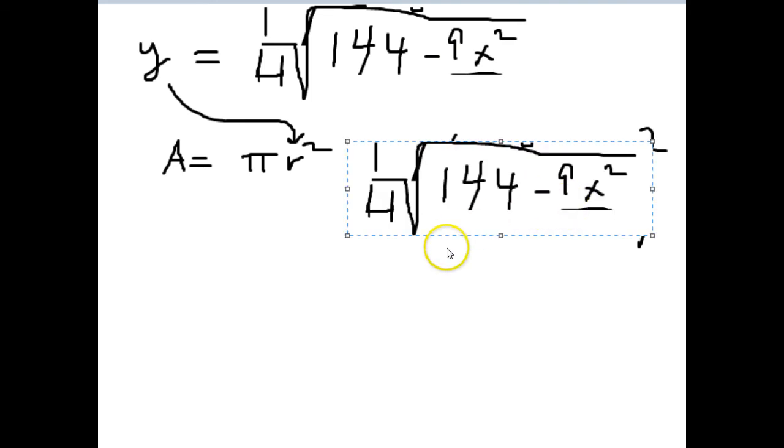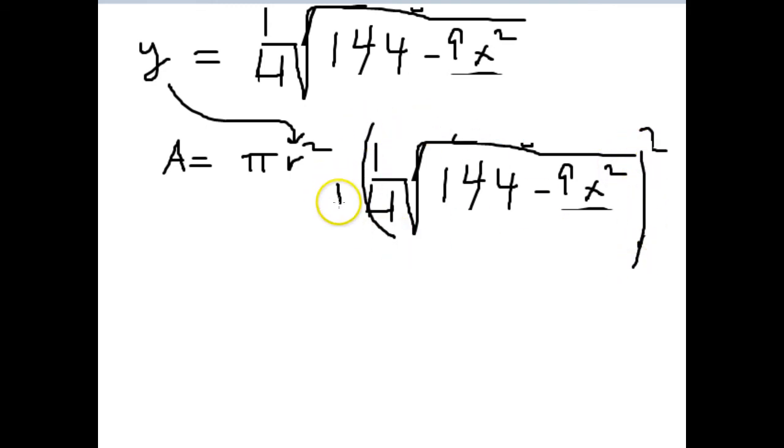All this stuff squared. My parentheses kind of got erased. Okay, my pi also. Can't erase the pi. It's going to be National Pi Day or something soon, isn't it? All right, there it is. Area equals pi r squared, but the r is all this stuff. It's just y. And so it's really pi all this stuff squared.